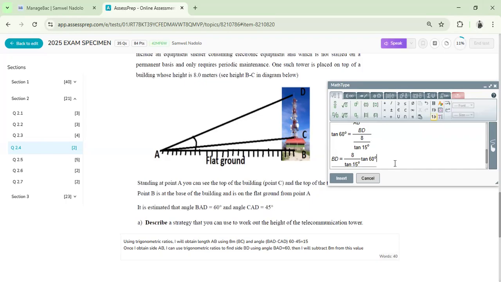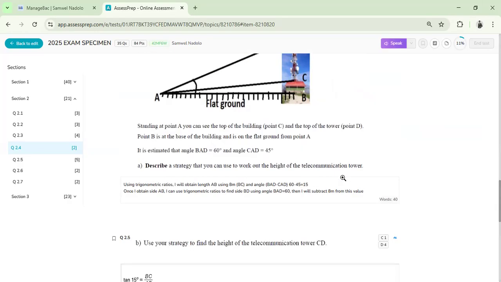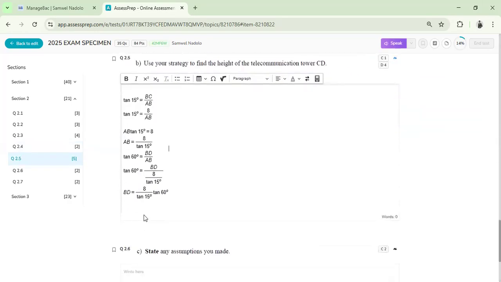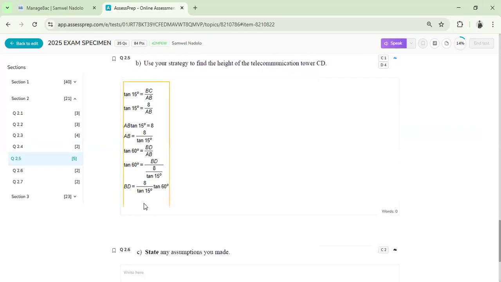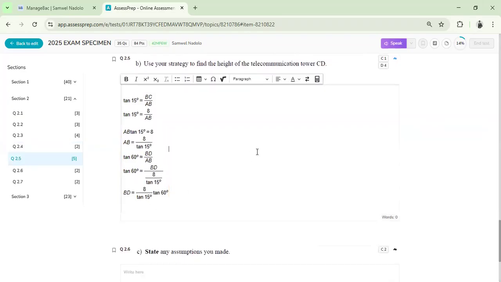After this, you're going to write the answer. Once you get the answer, let's insert this one first. After you insert that, you're going to use your calculator.